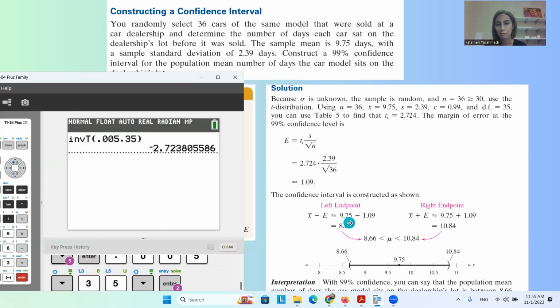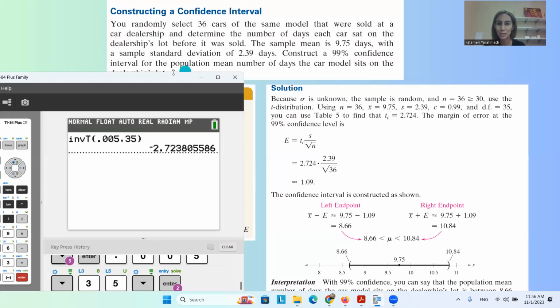So 9.75 days minus 1.09 days is about 8.66 days. And on top, you have x bar plus E, which is 9.75 days plus 1.09 days, which is about 10.84 days. So you can say we are 99% confident that the population mean number of days that same model sits in the dealership lot is between 9 days and 11 days, or 8.66 days to 10.84 days.